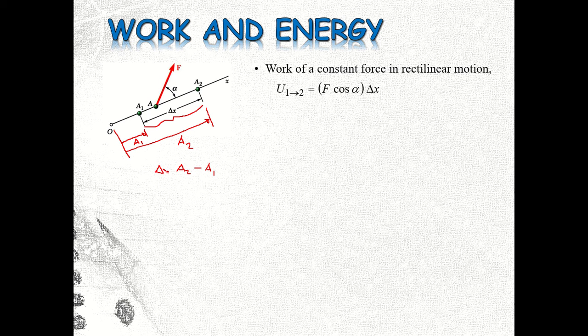The difference of the displacement, so the difference between A2 and A1. This is our delta x. So our work done from 1 to 2 is equal to the product of F, the force applied, times the cosine of this angle alpha, multiplied by this displacement from 1 to 2, that is delta x.